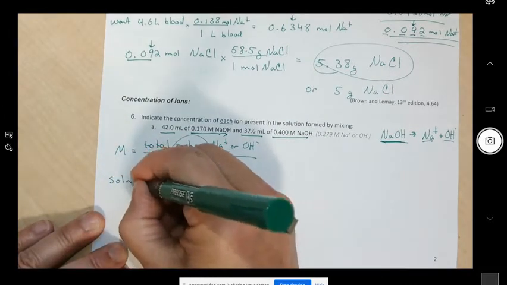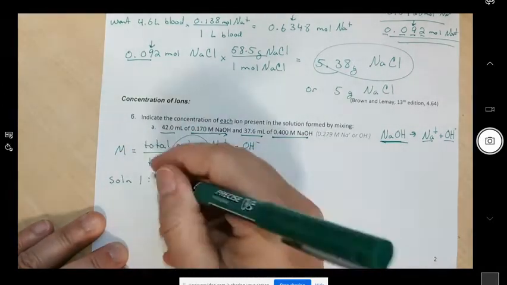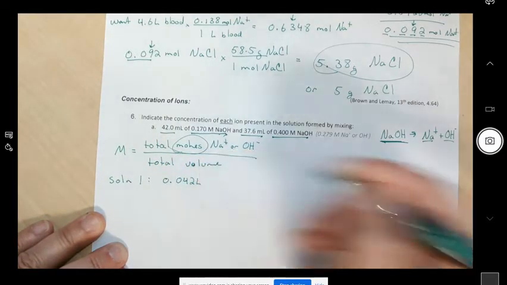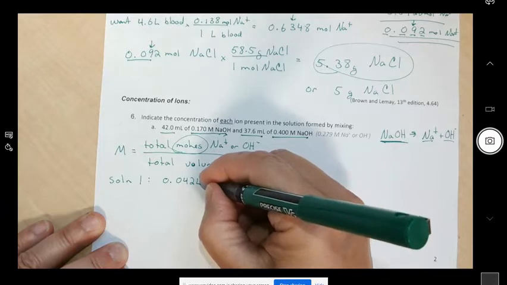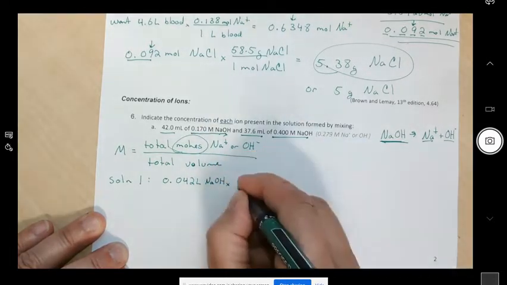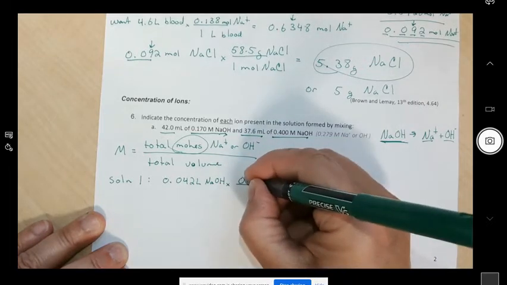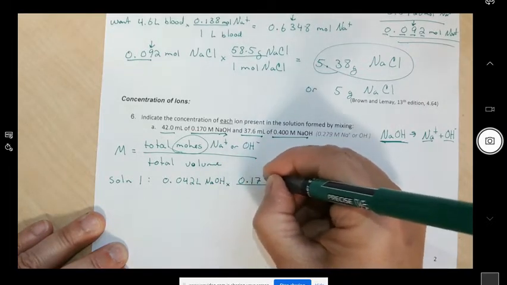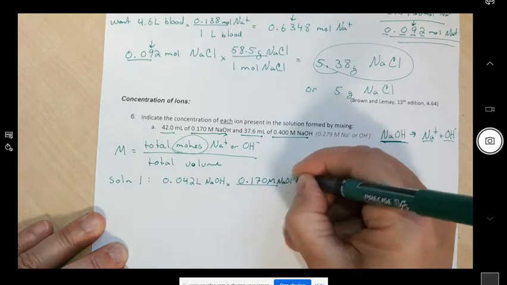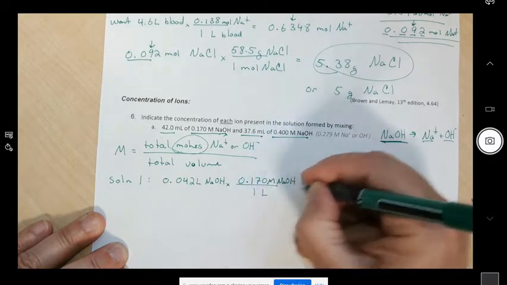In solution 1, I have a total of 0.042 liters of sodium hydroxide, and I've got a concentration of 0.170 molar NaOH for every 1 liter.